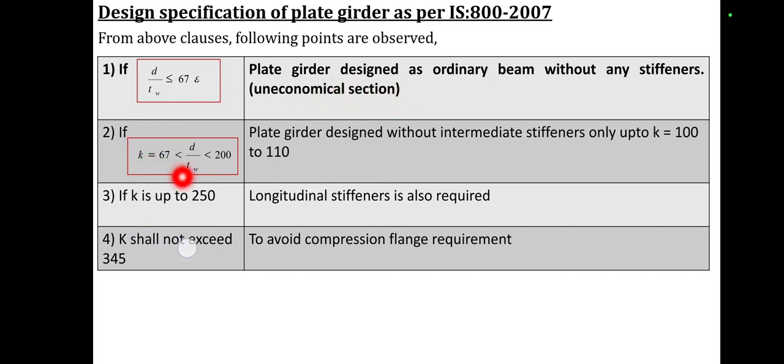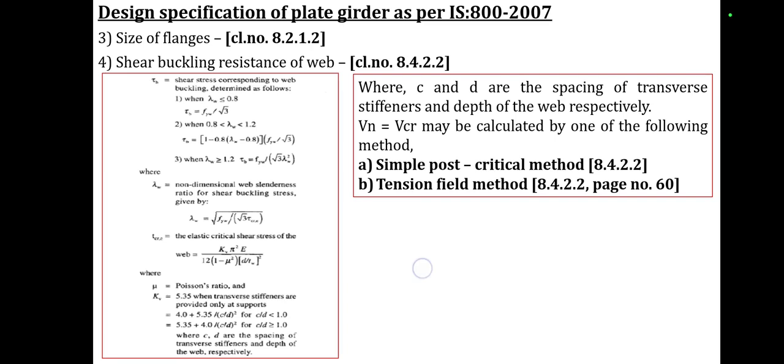If d by tw is less than 67, or greater than 67 and less than 200, then the plate girder is designed without the intermediate stiffener, only up to 100 to 110. If it is up to 250, the longitudinal stiffeners are also required. In any case, d by tw shall not exceed 345 to avoid the compression flange buckling.